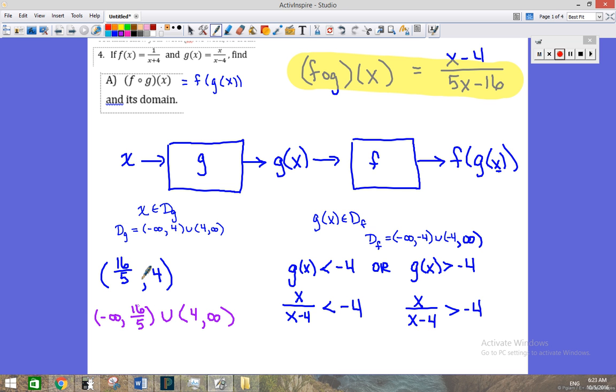These two things together is all real numbers except those two numbers. Okay, we'd already thrown out 4, so that makes sense, but now we have to throw out 16 over 5 as well. So that's our domain.